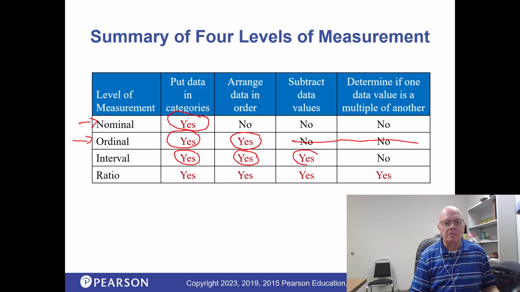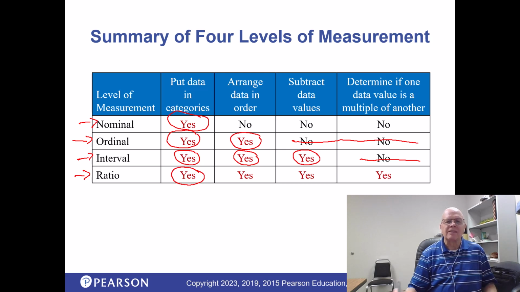You've got a name, even if it's a number, it's a label. Definitely an order to them. You can subtract them and get something useful. And one could be a multiple of the other, as well as 0 for the ratio means none.